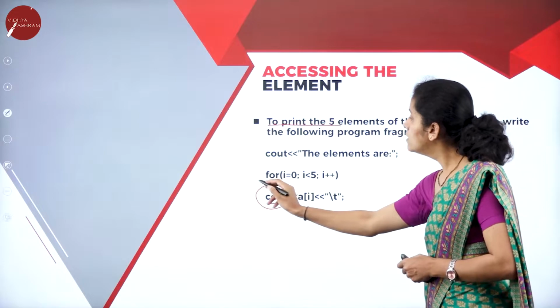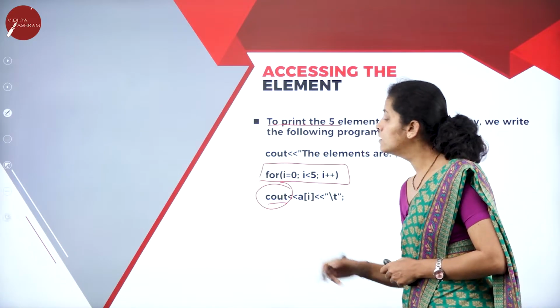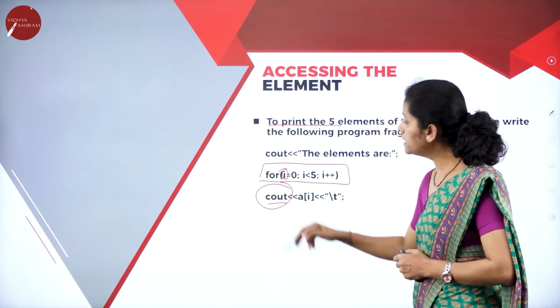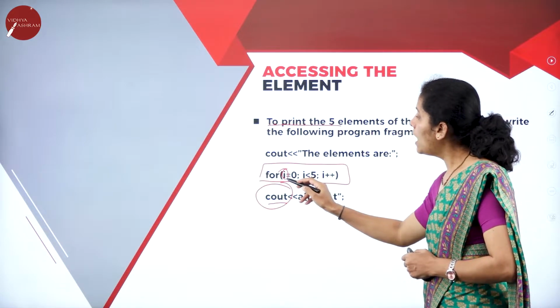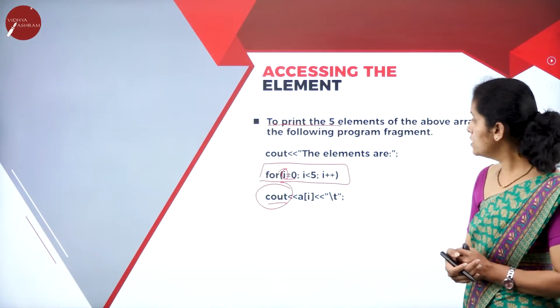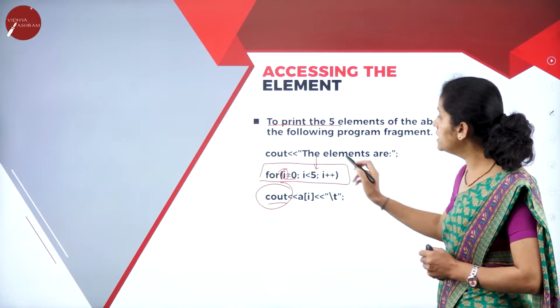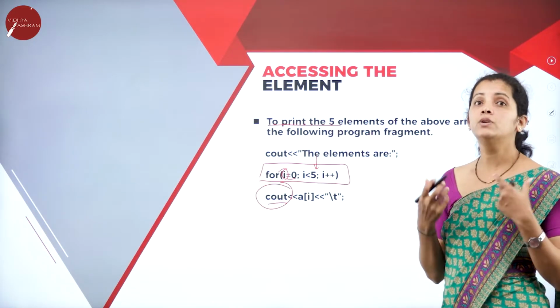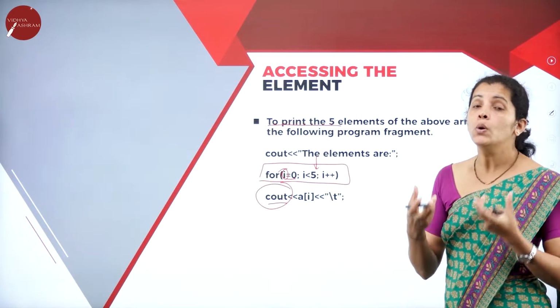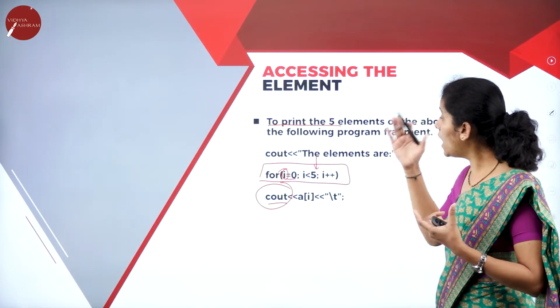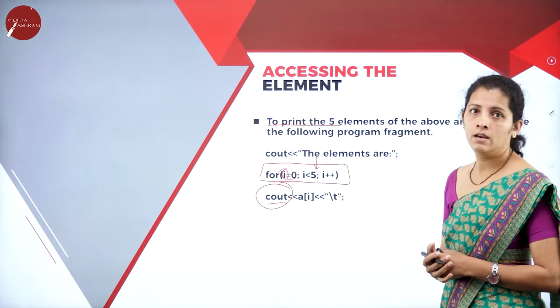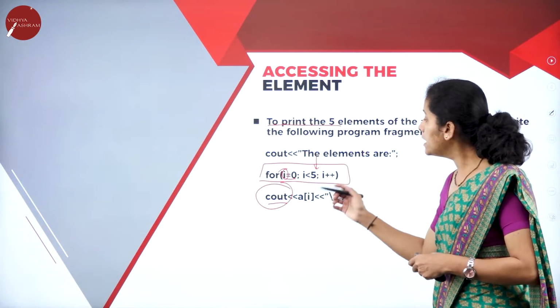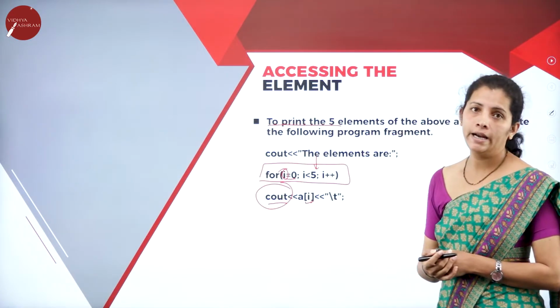Same for loop. I is nothing but the index and array index starts from 0. And what is the limit here? That is 5. That means I need to read 5 values which are stored in my array A. And how can I read? With the help of index.